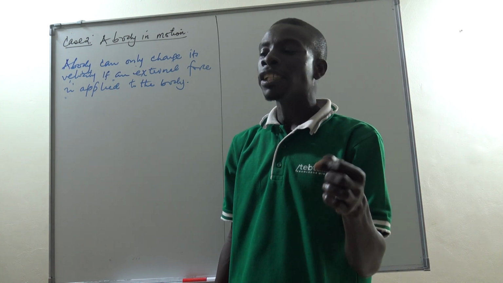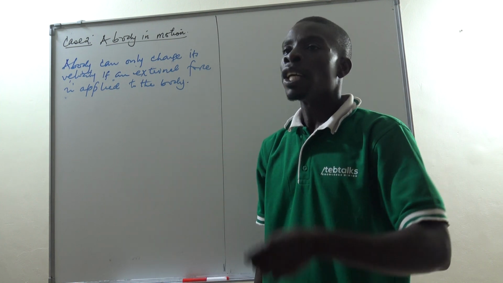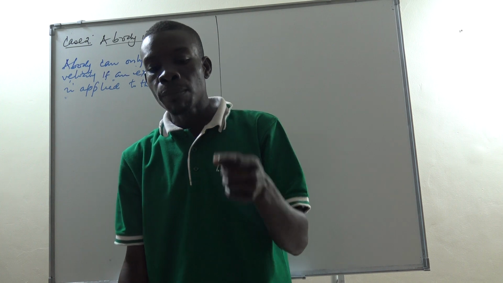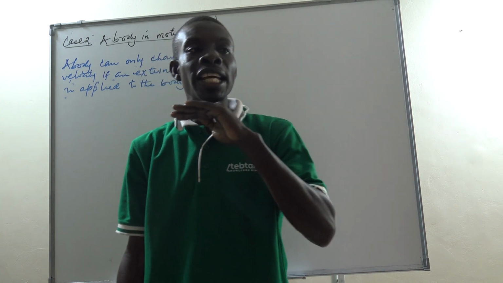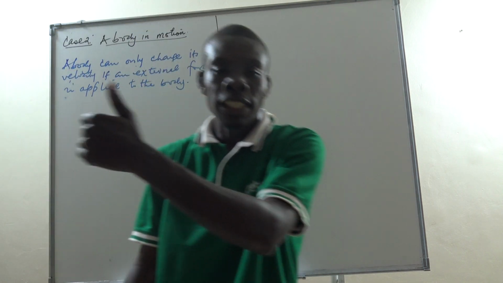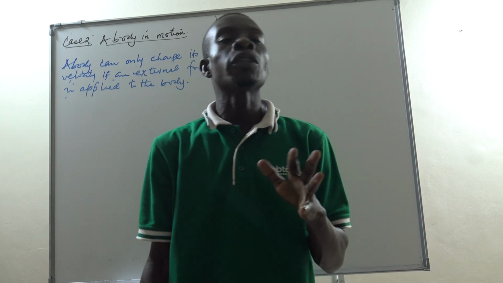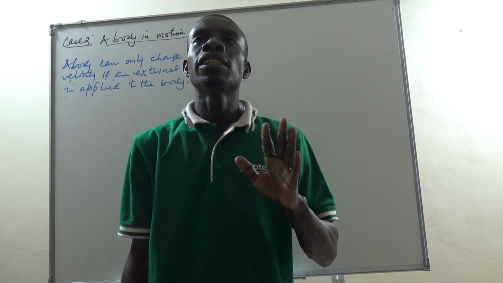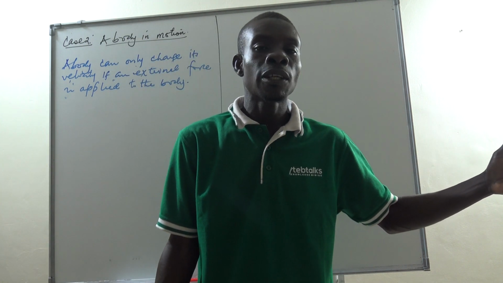And if the body is moving with a constant velocity, it is in a state of dynamic equilibrium. What do I mean by dynamic equilibrium? It is a state where the body is moving, but the force in the direction of motion is equal to the force opposing motion. Because equilibrium is all about saying that if a body is in equilibrium, the forces pulling one side are equal to the forces pulling the other side.